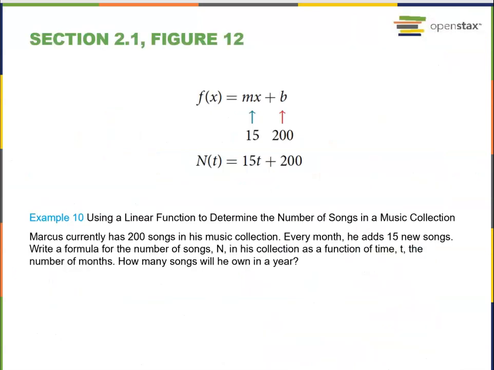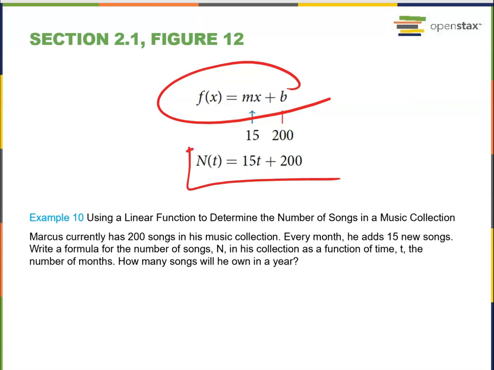What do we have next? So we know that from a given function f of x equal to mx plus b, m is the slope and b is the y-intercept. So let's say m is 15 and b is 200, then we can have n of t equal to 15t plus 200. Let's use that for example number 10.